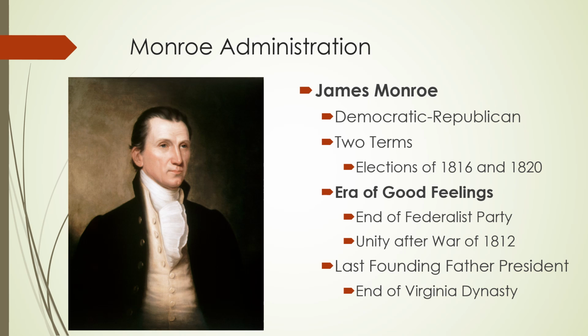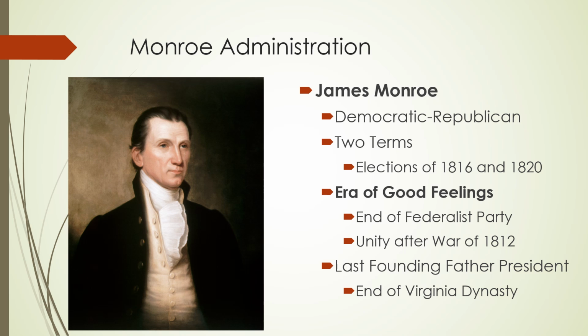And so the Federalist Party is now destroyed. It's collapsed. You can't win an election as a Federalist. And so with Monroe, there is no party division. Everybody's a Democratic Republican. Everybody's in the same party, which really means you have no parties.